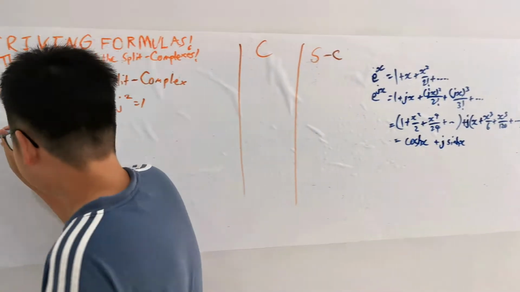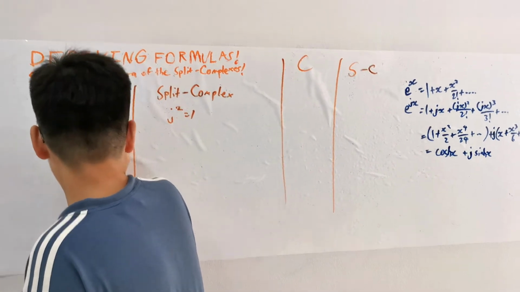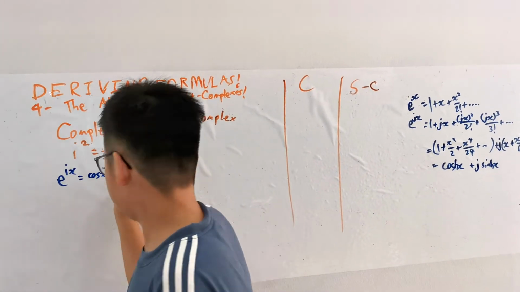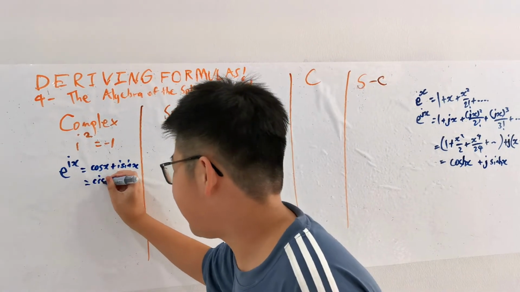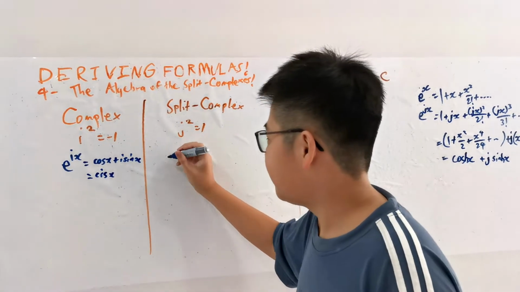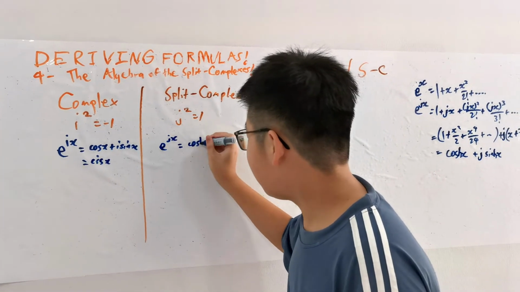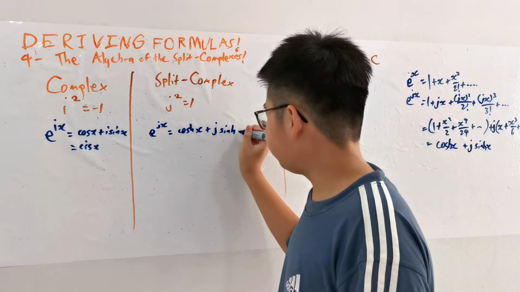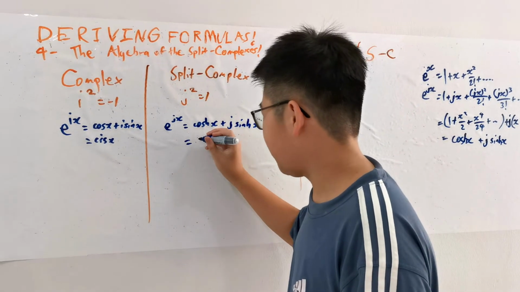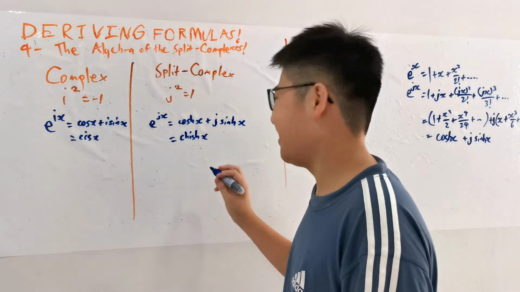Let's write this down. This is usually written as cis x, I like to call it that. And how about e to the jx equals cos x plus j sin x equals, let's call it chish x.